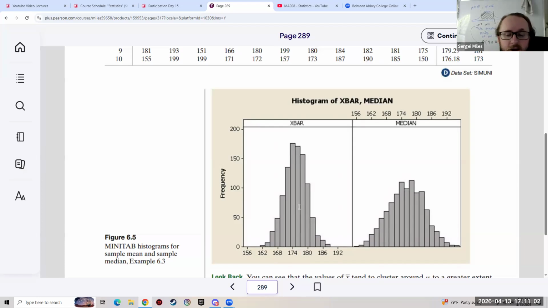We have some samples where, just due to random luck, the average might be really low, like 162. Some might have a sample where the average is really high, like 188 or 190. That's a pretty high average. But we see these higher frequencies are gathered in the middle. Most of my samples have an average somewhere in the middle.